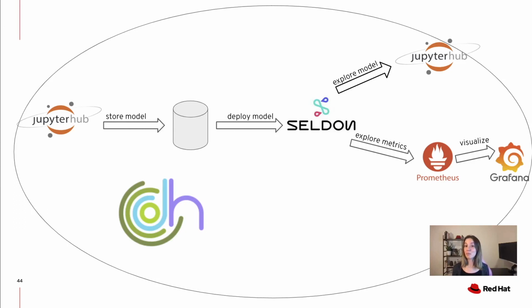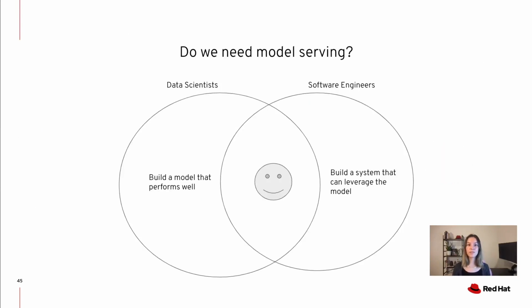The workflow is not perfect, but there certainly are incentives for model serving, and I hope I've been able to make those more clear today. So, do we need model serving? To help data scientists and software engineers be able to speak a little bit of the same language, it helps. And to be able to pinpoint where things go wrong, it helps.